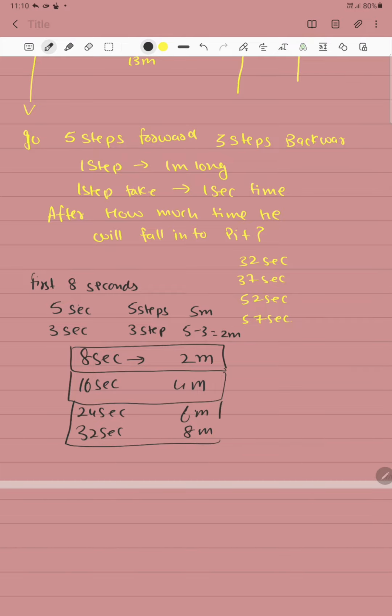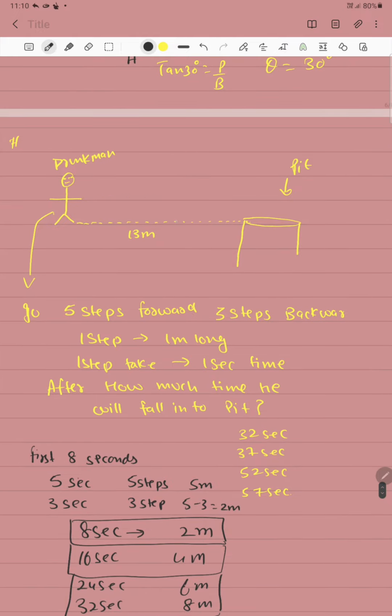Okay, now wait, see, now wait. In 32 seconds, the person is here, only 5 meter away. He has covered 8 meter, 5 meter away from the pit. Now the next 5 steps will be forward only.